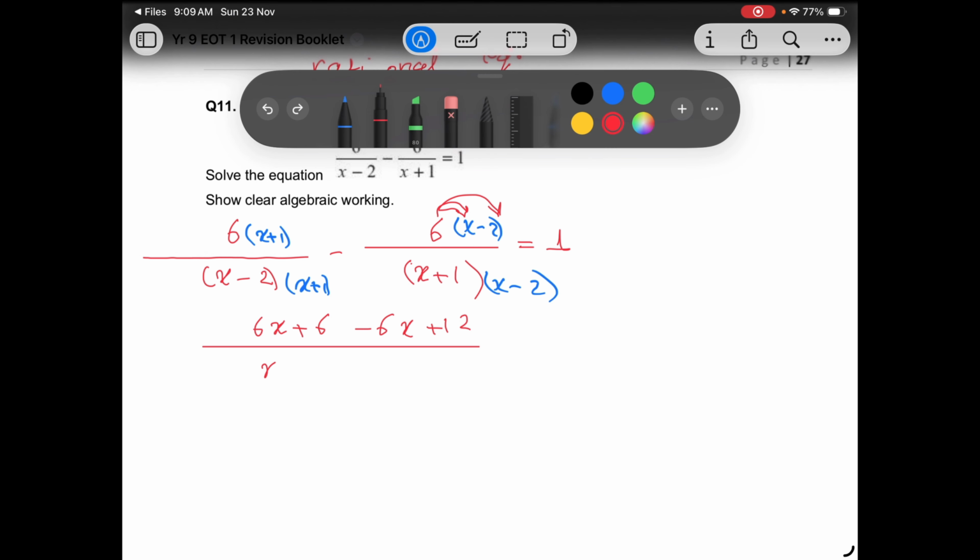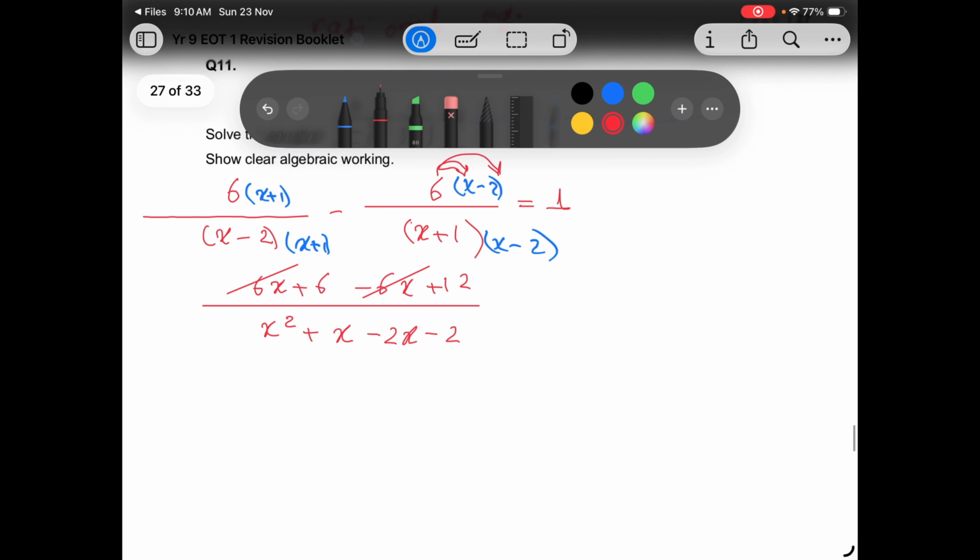X by x is x squared, x by 1 is x, minus 2 times x is minus 2x, then minus 2 times 1 is minus 2. Okay, so here there's cleaning up. I can clean up this 6x with minus 6x. They will eliminate each other. Then this equals 1, as you see, guys.